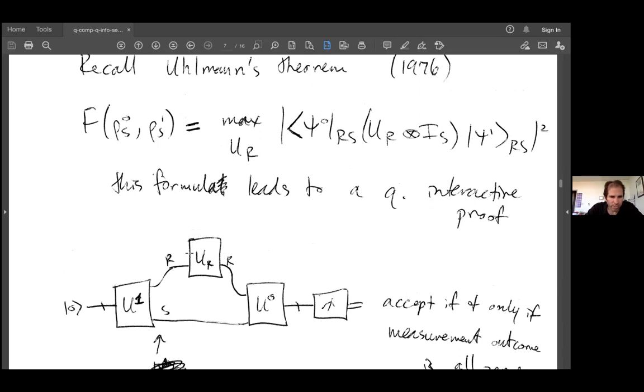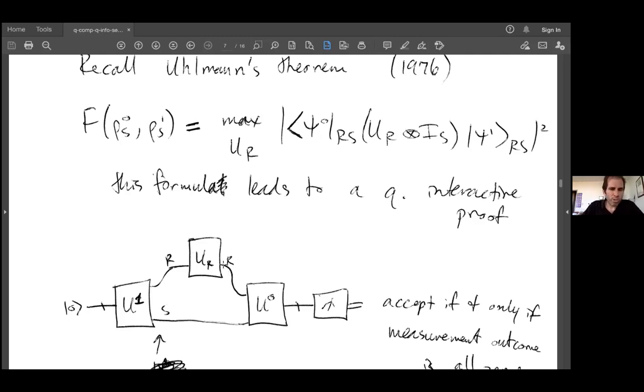You send the reference system to the prover. That's the hard part. This formula involves a maximization over all unitaries on the reference system. So that you give to the prover. It's the hard part, and it's not necessarily going to be efficiently computable on a polynomial time quantum computer, right?